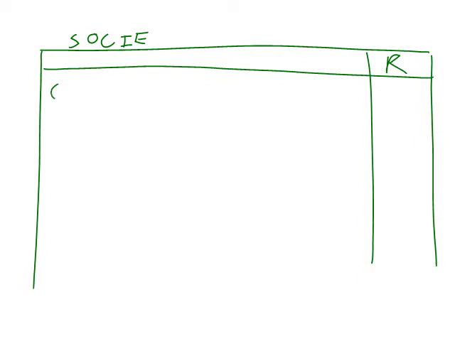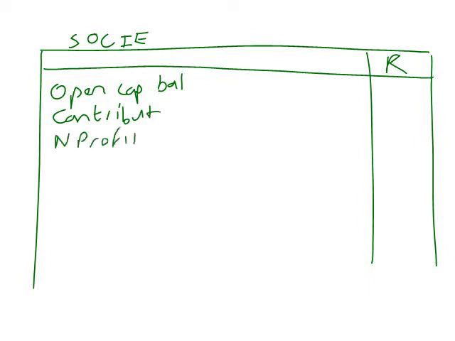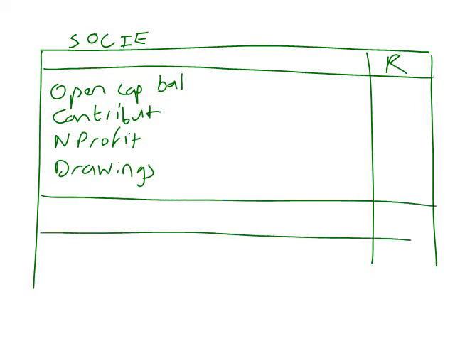Therefore, we will start off with opening capital balance, followed by contributions, followed by the net profit for the year, followed by drawings, and at the very end, we will have our closing capital balance.